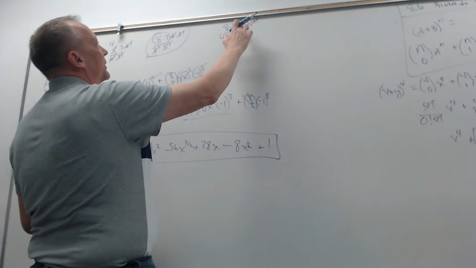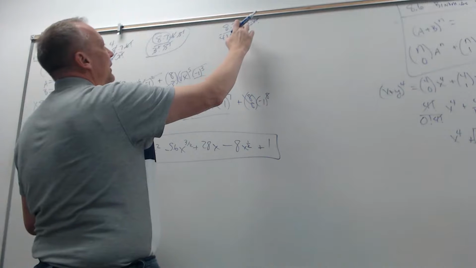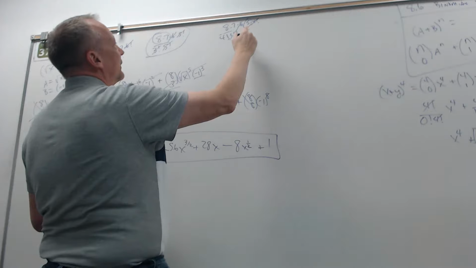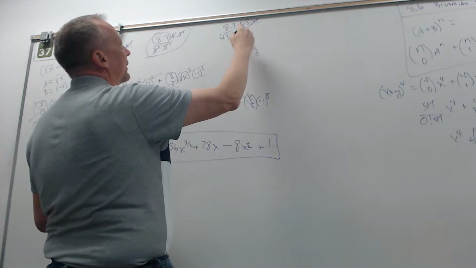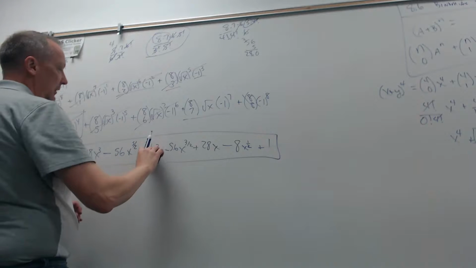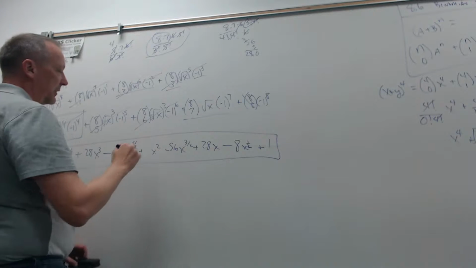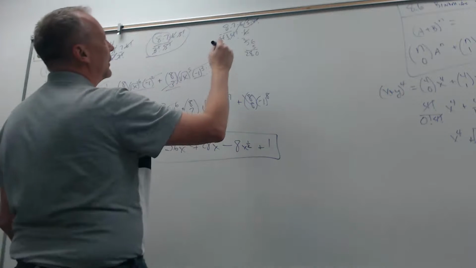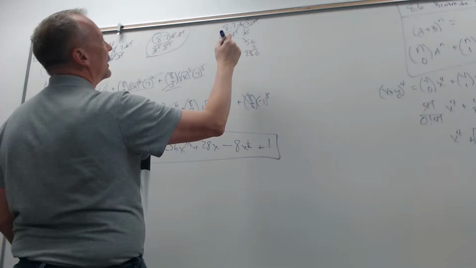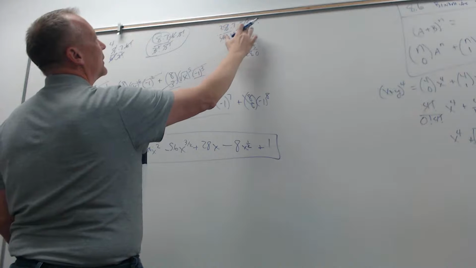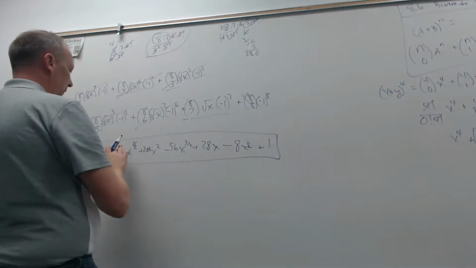So 8 times 7 is 56 times 5, 280. Yeah, that one should be 280. That was the one I messed up on. Don't you need to divide it by 4 still? Yeah, divided by 4. Oh, you're right. 4 times 2 is 8. There we go. 2 times 7 is 14 times 5 is 70. There we go.